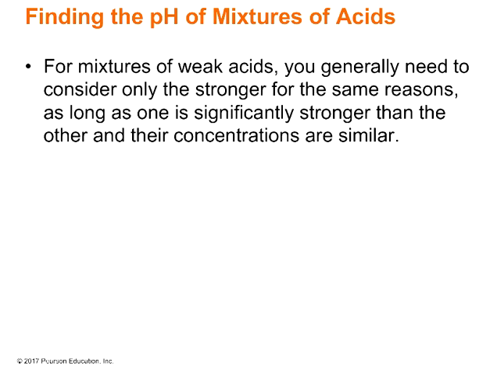Now, what if we have a mixture of weak acids? We're going to generally consider only the stronger acid for the same reasons that we said before. And this really only works as long as one acid is significantly stronger than the other and their concentrations are similar.